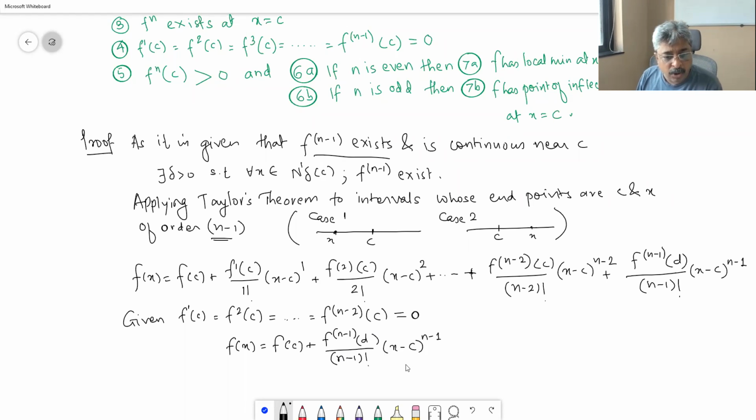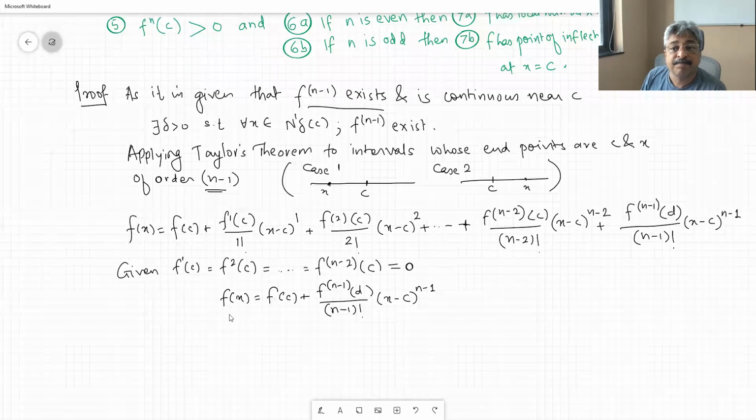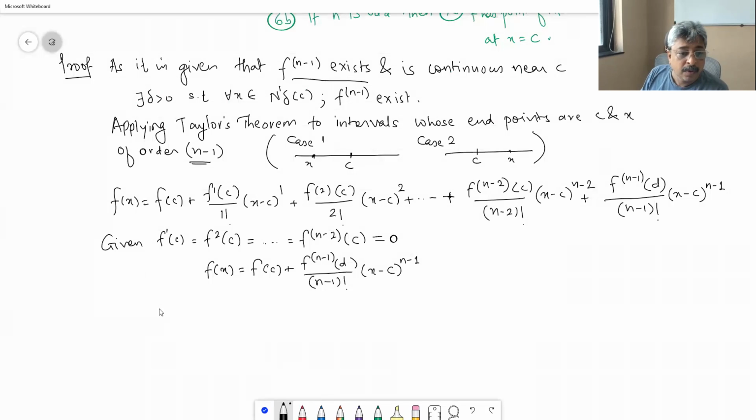Now here we have to consider these two cases. Suppose case 1 and n is even. Let n be even. Case 1 is x is to the left of c.